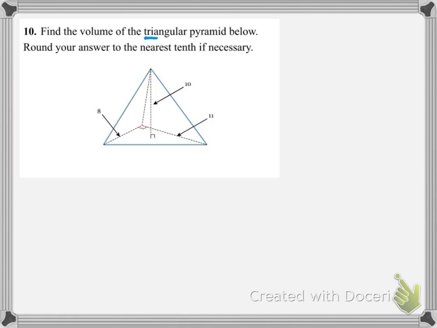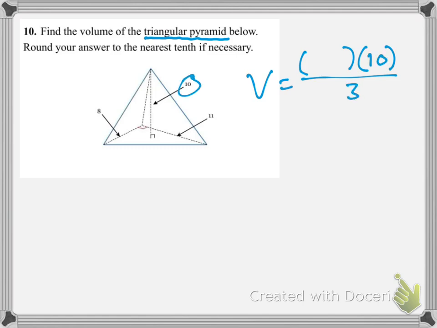Now it's a triangular pyramid. So volume, this time, here's our height. Now our base is a triangle, and not only is it a triangle, it's a right triangle. So the area of the base is 1/2 times base times height, because that's the area of a triangle.